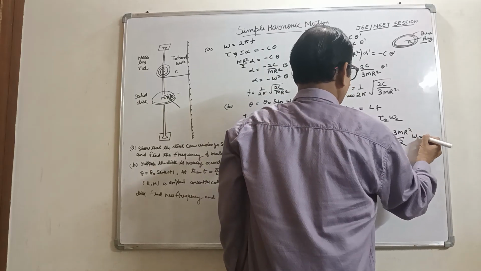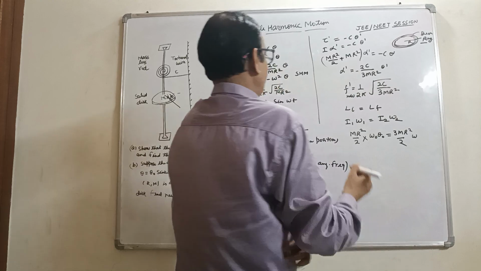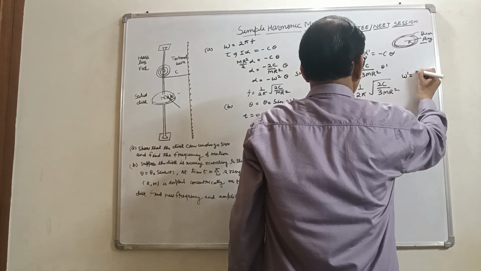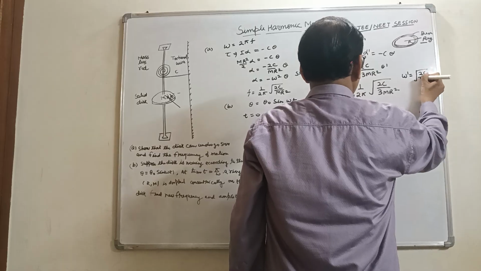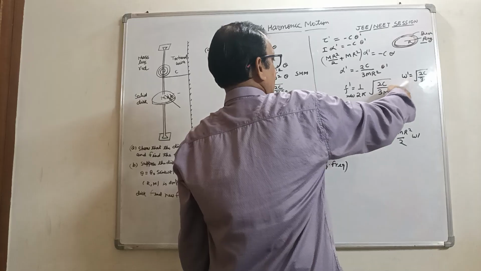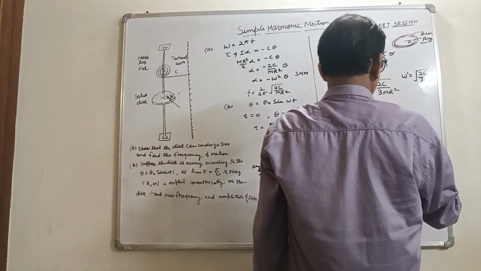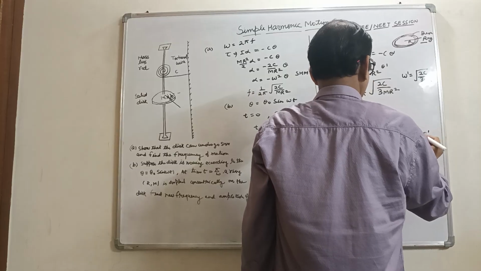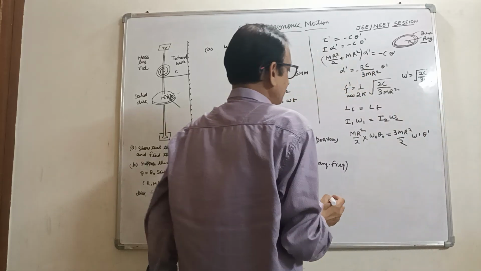We have to find omega dash. So omega dash would be under root 2c by 3mr square, the new angular frequency. So this would be omega dash into theta dash, where theta dash is the new amplitude.